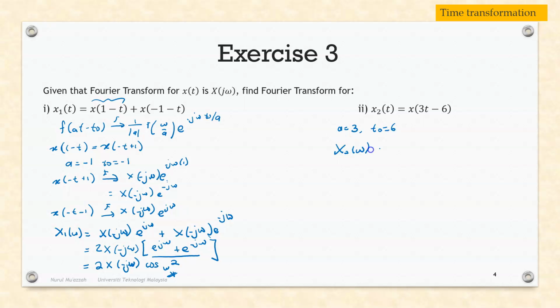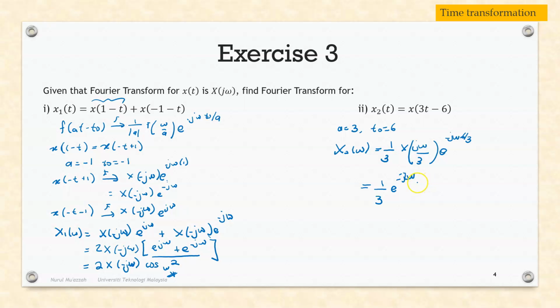So for X2(ω), it is 1 divided by 3, and because F(ω/a) is X(jω/3), we get 1 divided by 3 X(jω/3), multiplied by exponent negative jω and t0 divided by a, which is 6 divided by 3. So it becomes exponent negative j2ω.